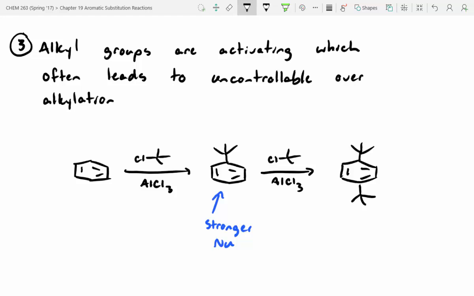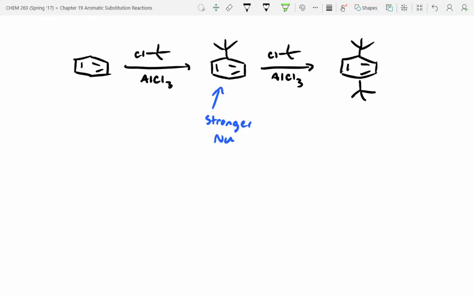The last one involves kind of the opposite circumstance. Strongly deactivated rings just simply don't work.